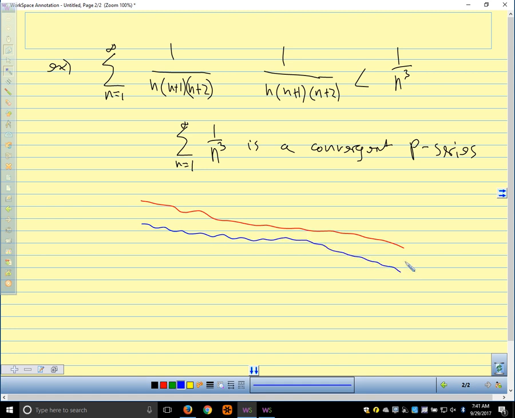The b sub n, put this here. This is 1 over n cubed. This is just how I visualize it. This is 1 over n plus 1, n plus 2. And if this is converging, then this one also has to converge. So we say the series converges.